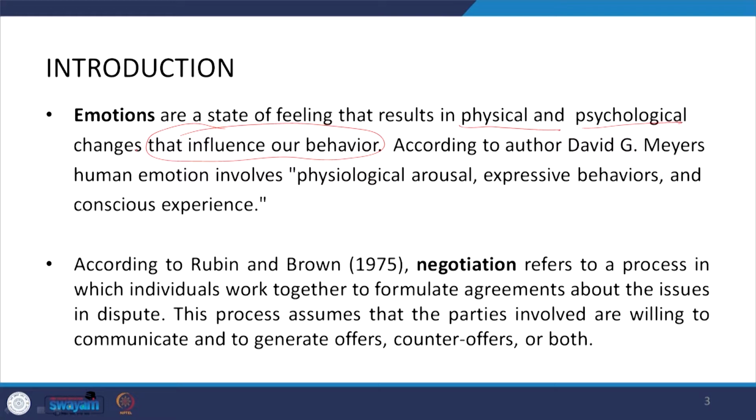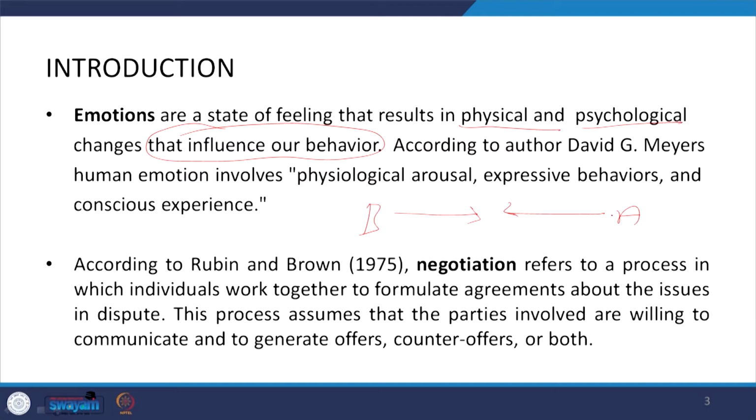So, when we talk about negotiation, suppose there is a party A and a party B. Together an agreement is to be reached between party A and party B, on whatever the matter of dispute is.